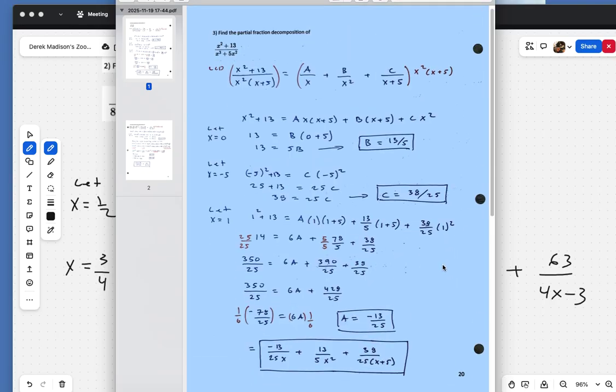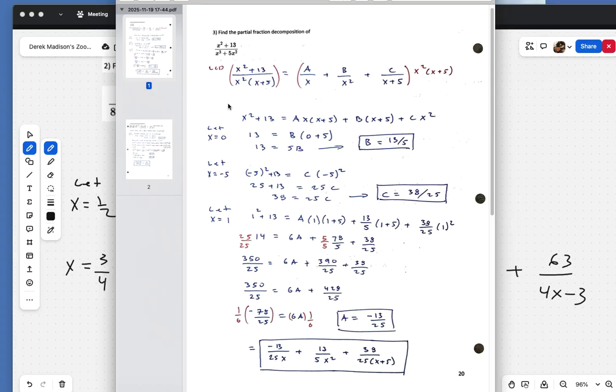Okay, it may just stay blue. I'm running with it. Oh, there we go. Okay, better. So there's our x squared times x plus 5.